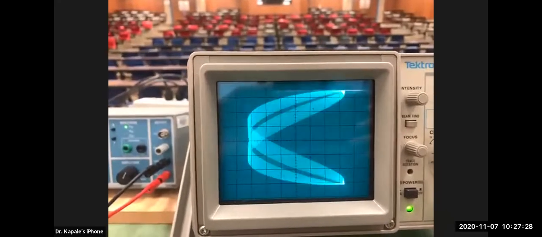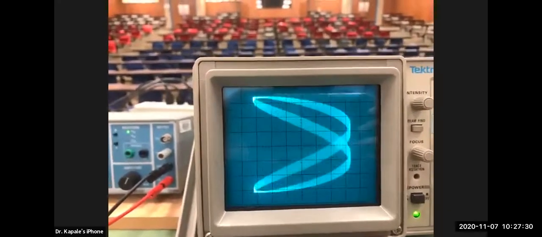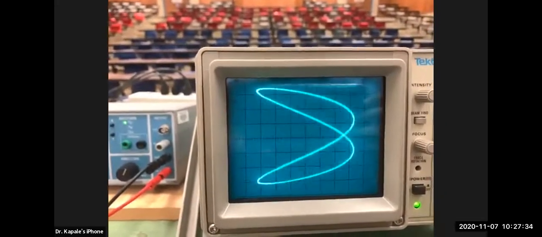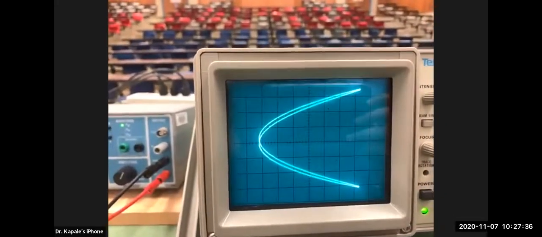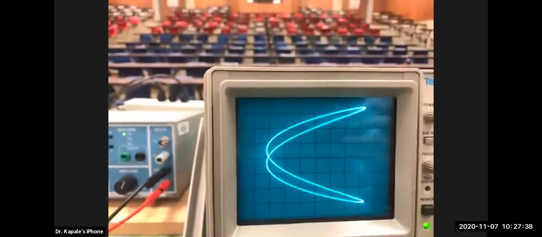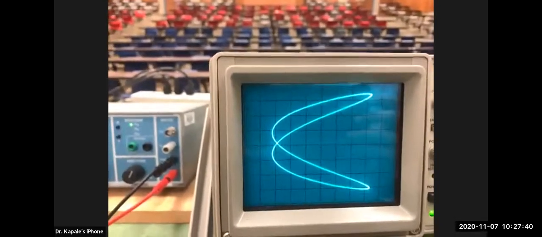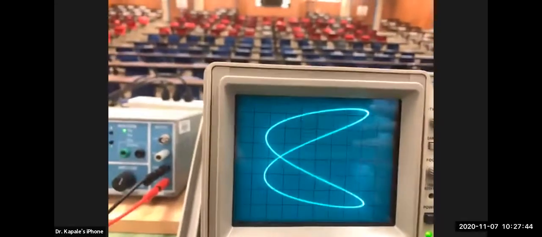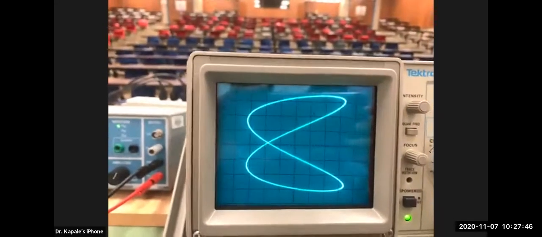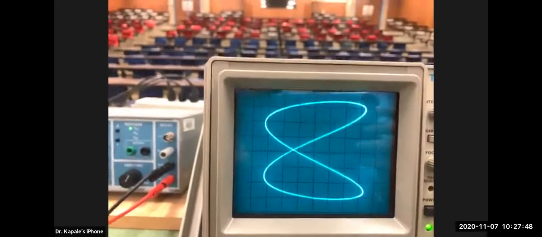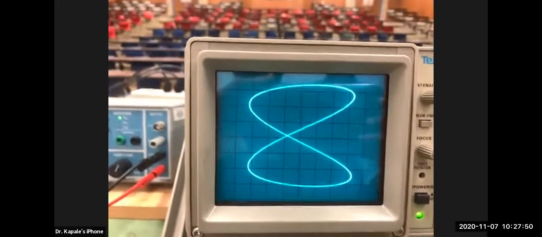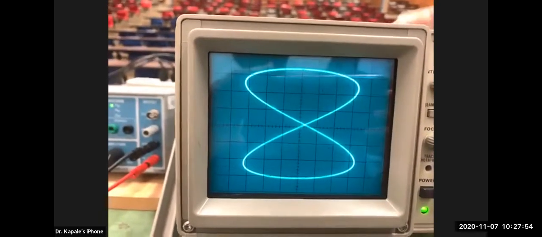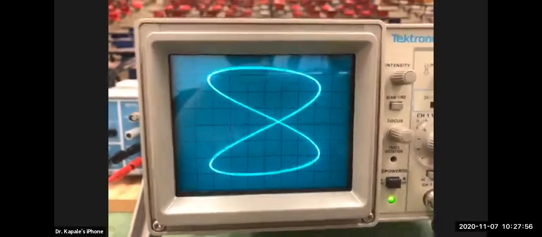It's oscillating too rapidly because the frequencies are not there yet. When I get very close to it, it stabilizes, and you get a basic figure 8 pattern, which shifts slightly because of the internal differences in those two voltages that the electron beam in that oscilloscope is getting. Okay, so that is the Lissajous figures.